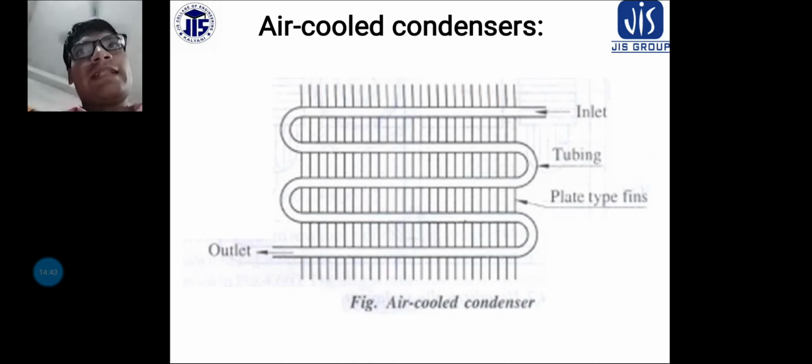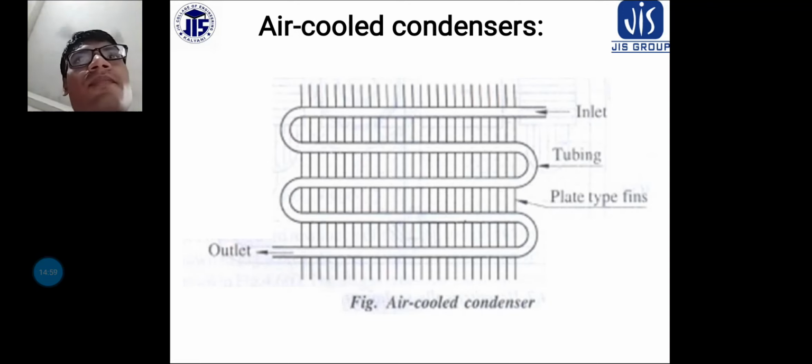In case of the air cooled system, the temperature difference varies between 8 to 15 Kelvin as compared to about 3 to 6 Kelvin for the water cooled condenser.